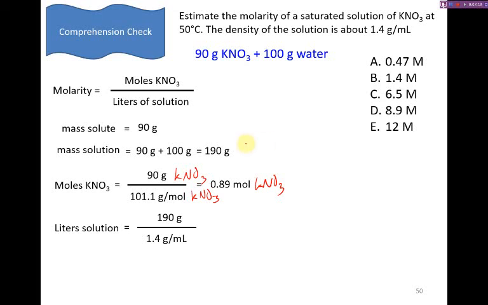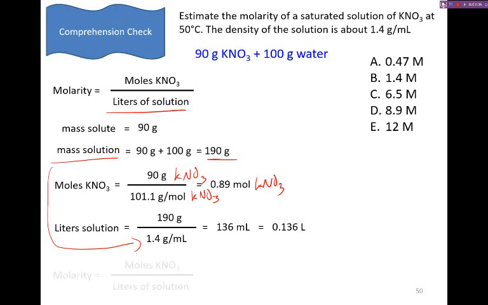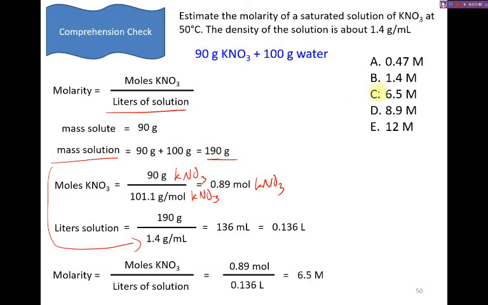And keep in mind here, we need to use the mass of the solution because we need to find the volume of the solution. A big error would be to use either the solute mass or the mass of the solvent. So that would get us 136 milliliters, or 0.136 liters. Then to find the molarity, we can use the moles of potassium nitrate per volume in liters of the solution, and that's 0.89 moles per 0.136 liters, or 6.5 molarity.